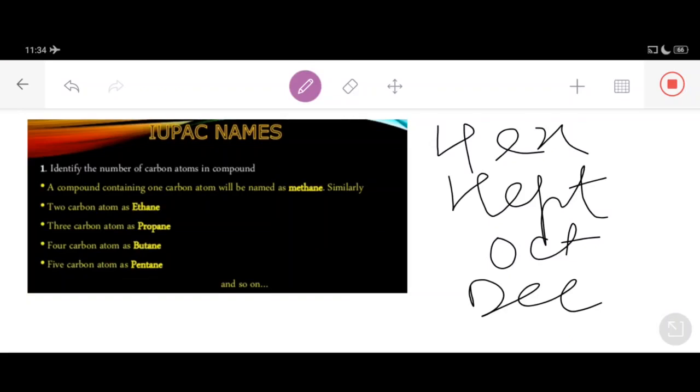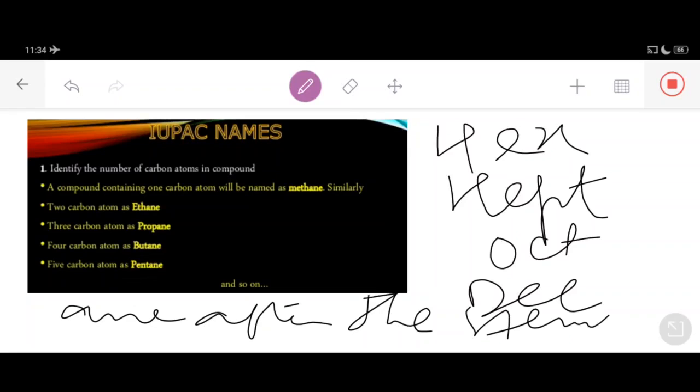The second rule, as far as nomenclature of the carbon compounds is concerned, is that a saturated hydrocarbon containing single bonds is indicated by writing the word "ane" after the stem. What does that mean, my dear students? It means that "ane" is used for carbon-carbon single bonds.